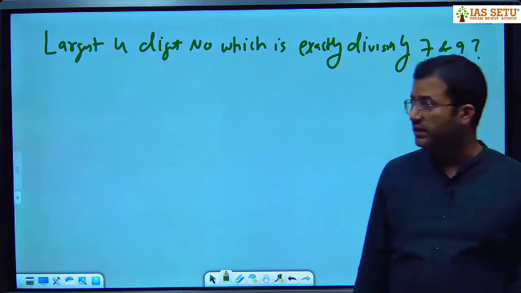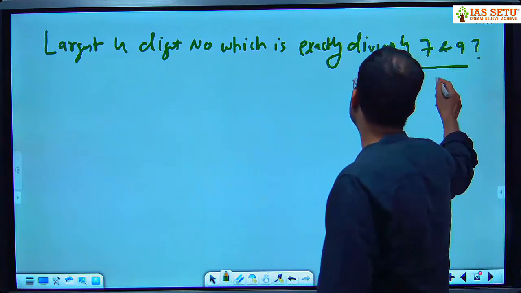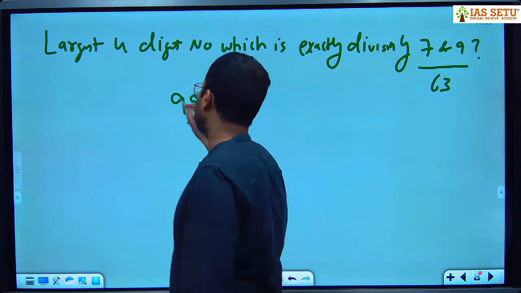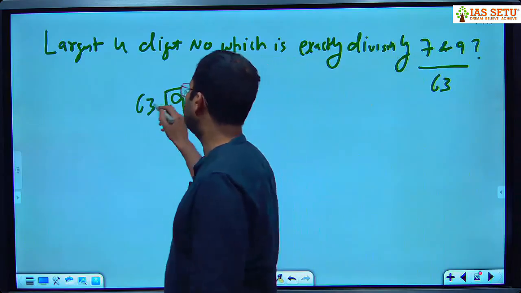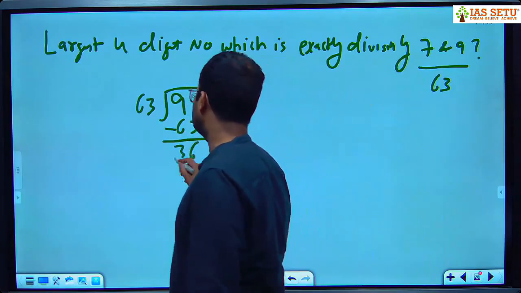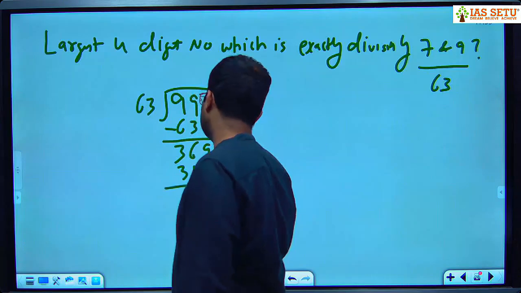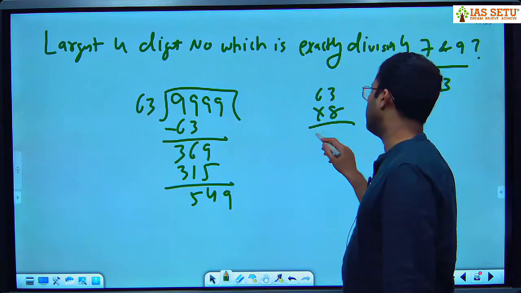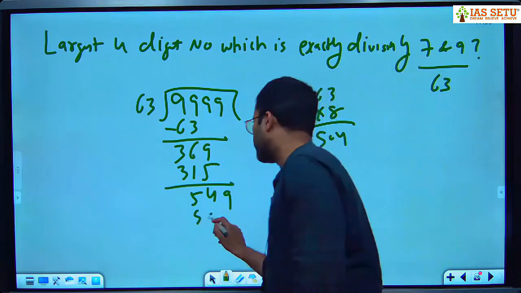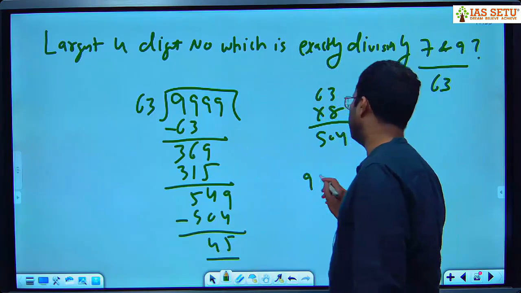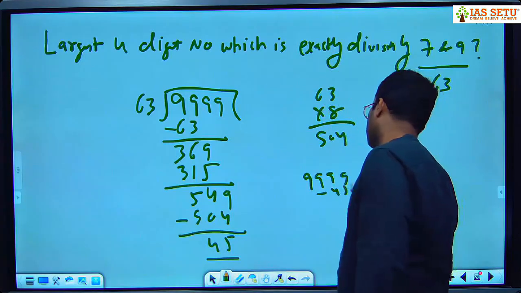Fine, done. Yes. So what is the LCM of 7 and 9? 63. So take 9999 and try to divide by 63. 5 sixty-threes are 315, this is 459. 8 sixty-threes are 504. So it is 504. This is 45. So here 9999 minus 45.